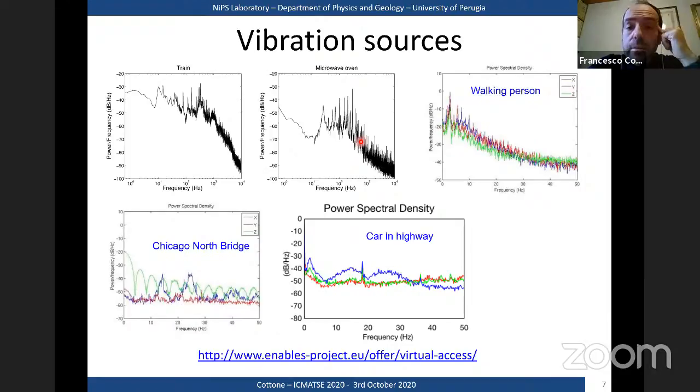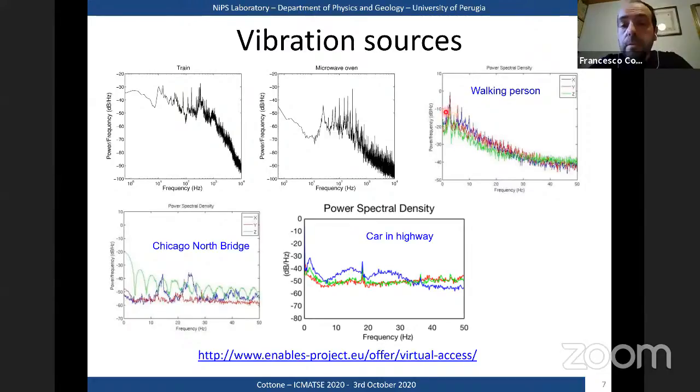This is a problem if we miniaturize. In this slide, you see some examples: vibration spectra from a train, a microwave oven, a household, a walking person. As you can see here, we are well below 10 hertz. For a walking person, most of the energy is located around 2 hertz.